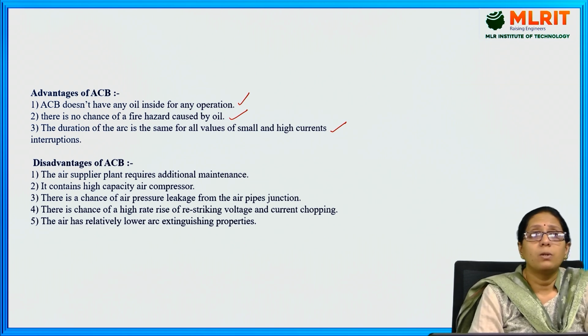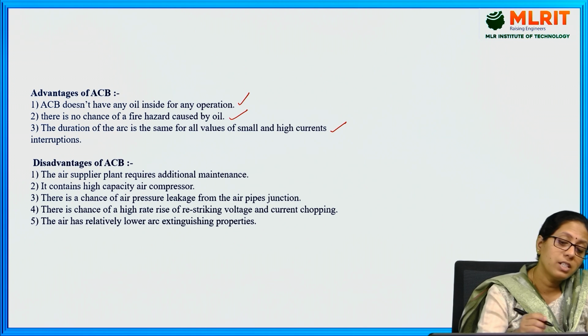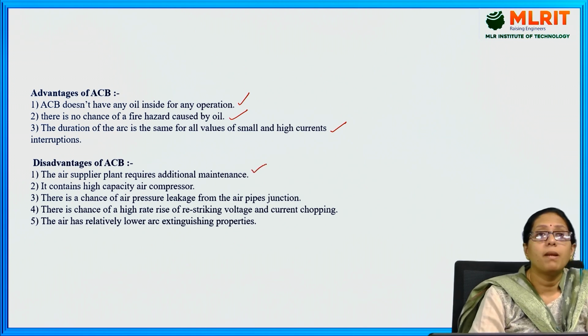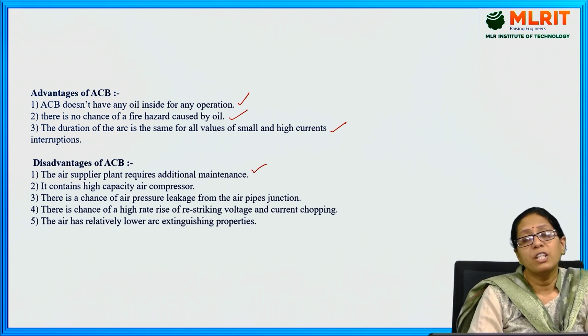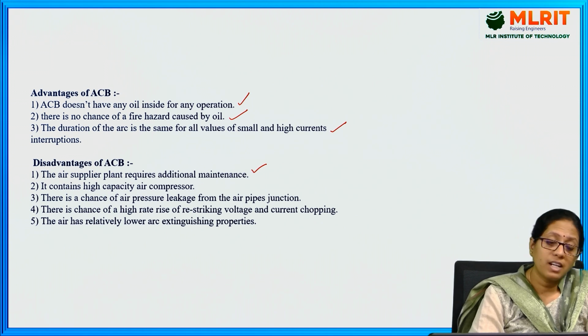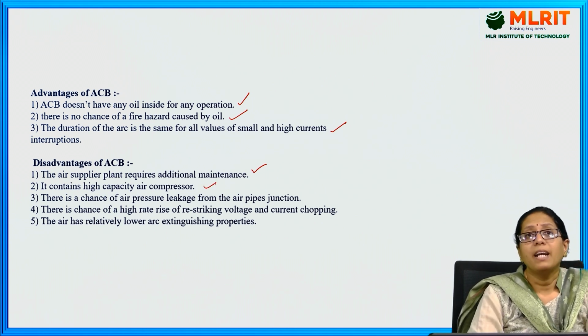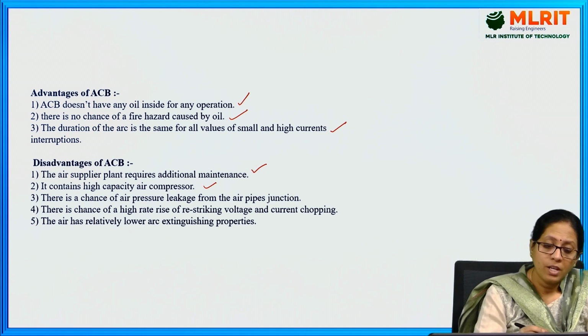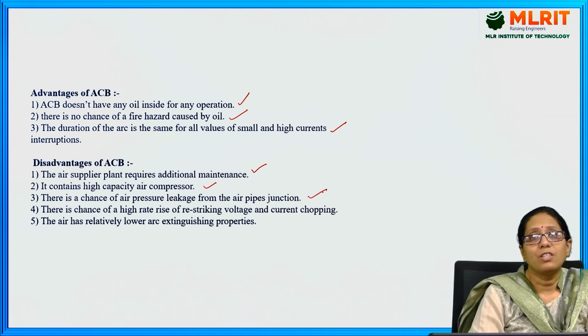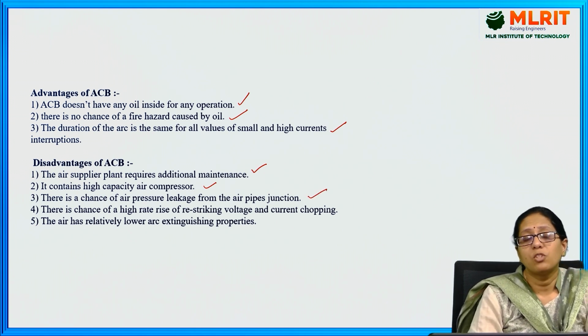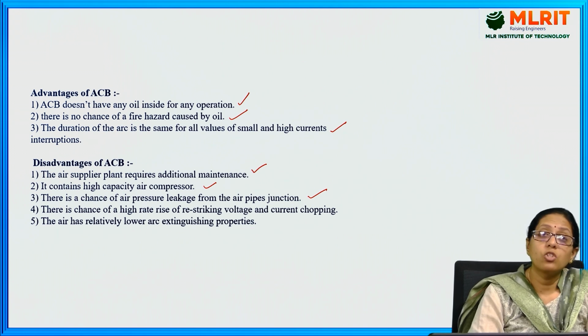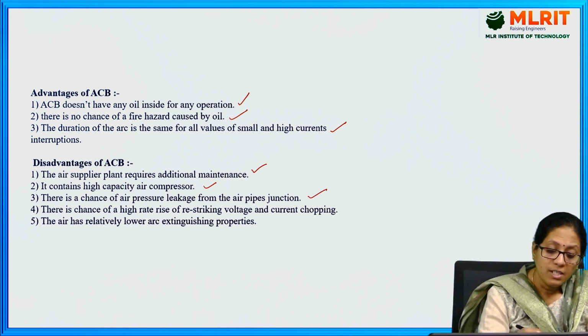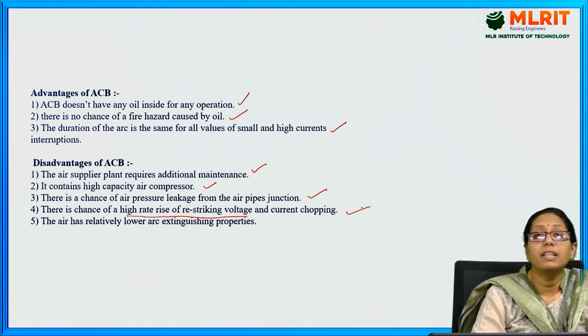What about the disadvantages? The air supply plant requires additional maintenance. It contains a high capacity air compressor, and there is a chance of air pressure leakage from the air pipe junctions, and there is a chance of a high rate of rise of restriking voltage.